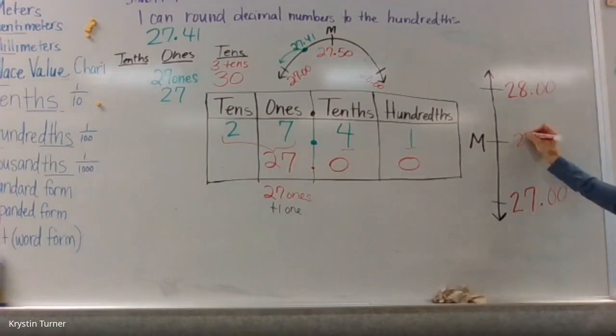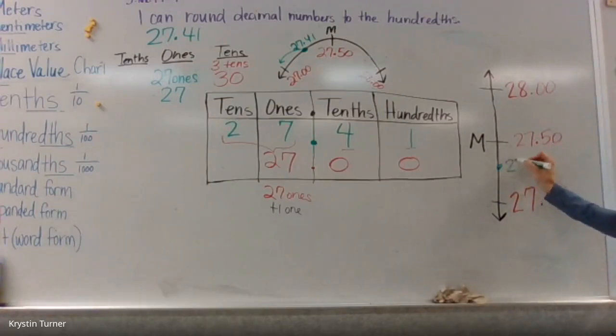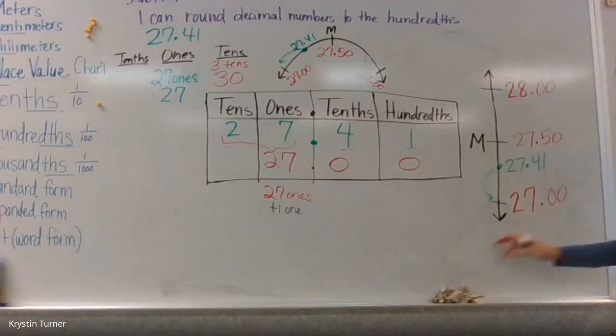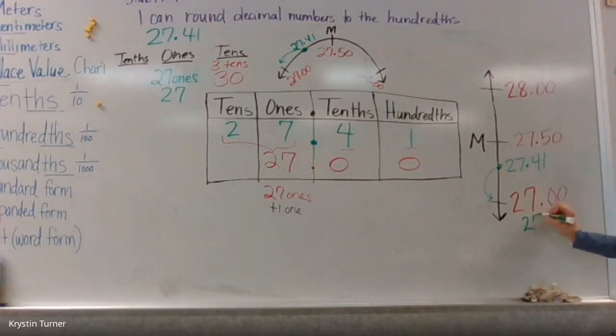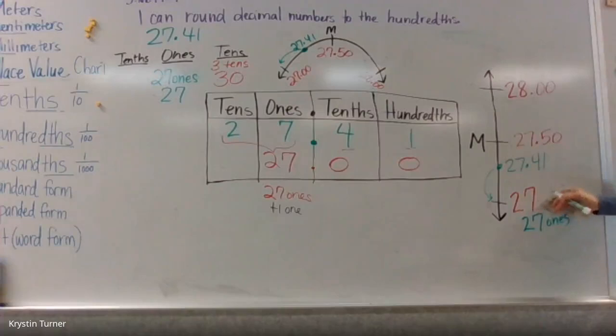That would be 27.50. Where does $27.41 live? Right here. I can see that I would be closer to this 27, but I need to think of this as just 27 ones, and get rid of this. So I just have the number 27 there.